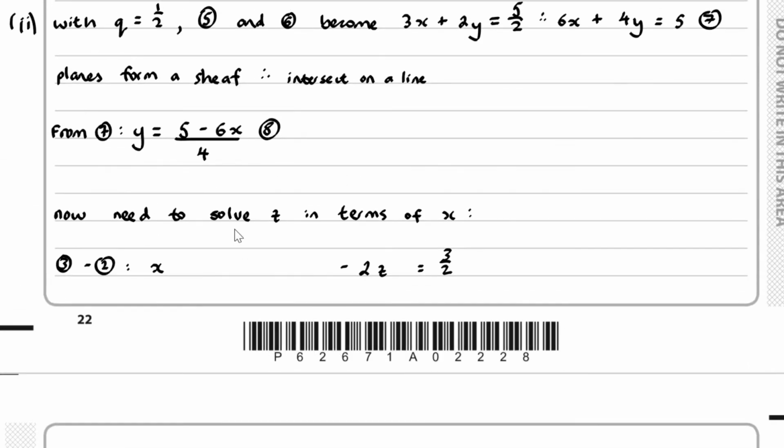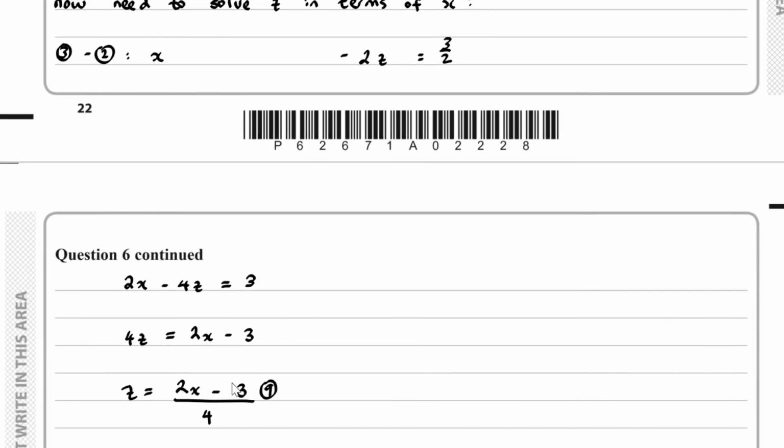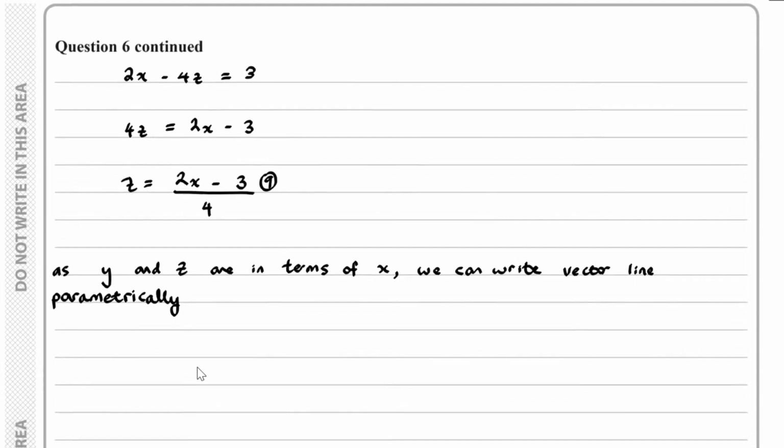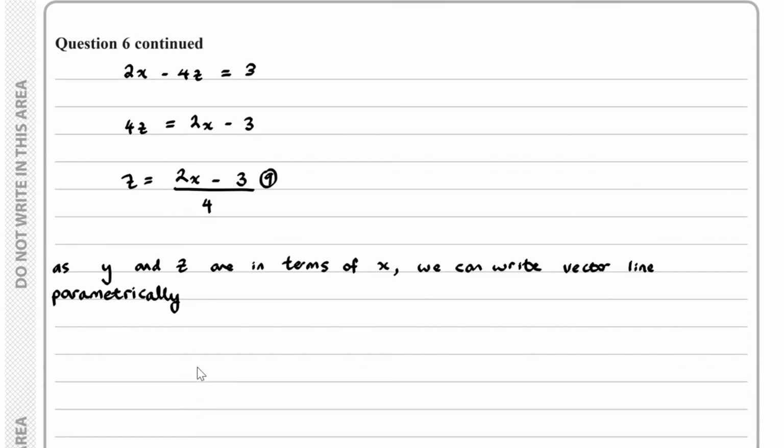So because y and z are defined parametrically in terms of x, we can let x be any value, say lambda. Let's just write this down. So as y and z are in terms of x, we can write the vector line parametrically.